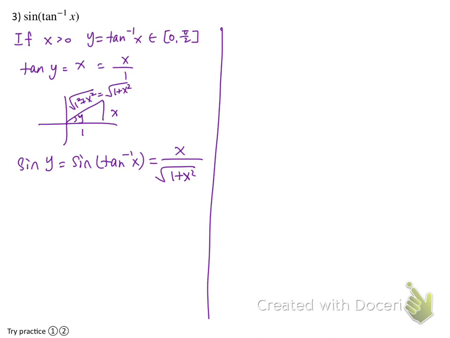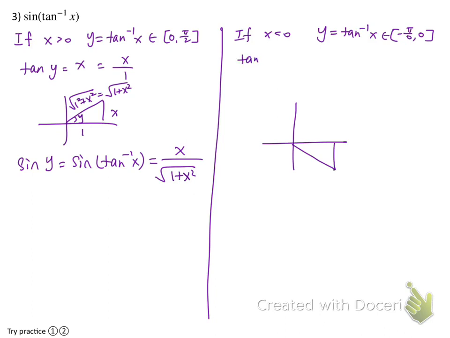Now, if x is less than 0, my y will still be tan inverse of x, but this time I'm in quadrant 4, negative pi over 2 to 0, and here it is. My tan y will still be x, but this time my x is negative, which will be the y, and my x coordinate is positive.